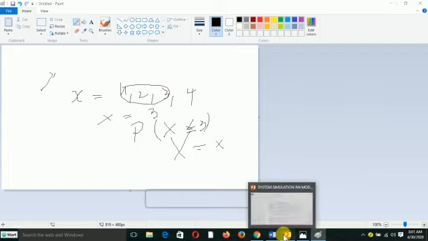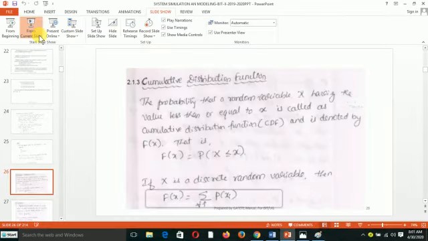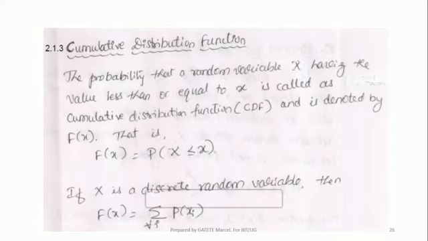So this probability can be denoted as cumulative distribution function because it will have a collection of values which can be held in uppercase X and less than x.